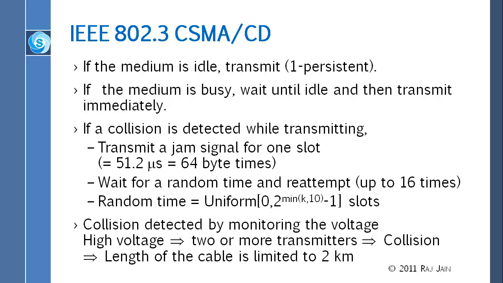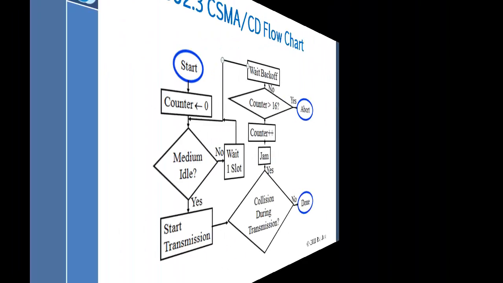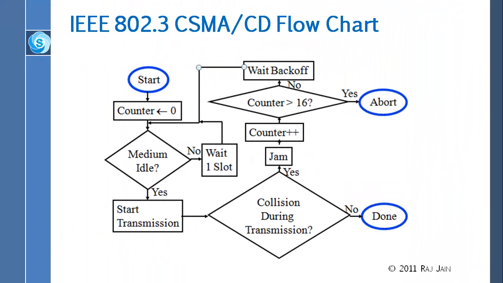And here is the official flow state diagram, if you want to call it that, for the same thing that I said before. The way it works is you start with a counter of 0, which means how many times I have tried. I have tried 0 times. So we go and see, is the medium idle? If the medium is idle, yes, start the transmission. If the medium is not idle, wait 1 slot, and then you see if the medium is idle.